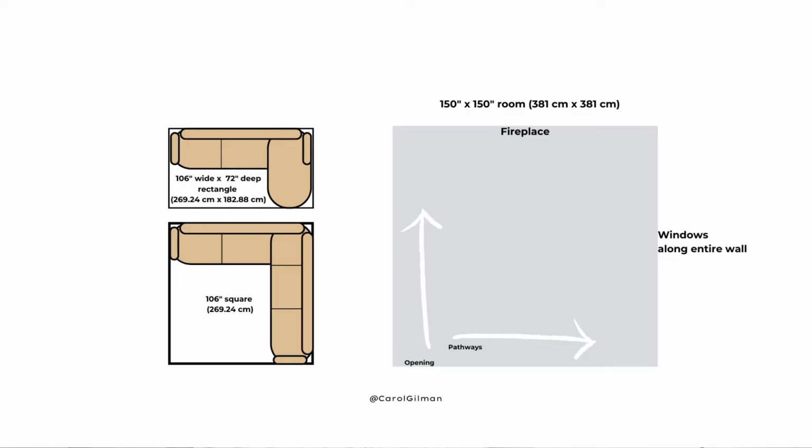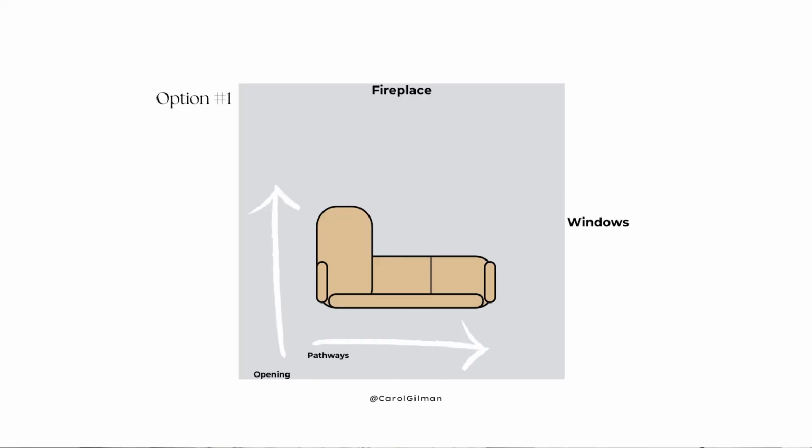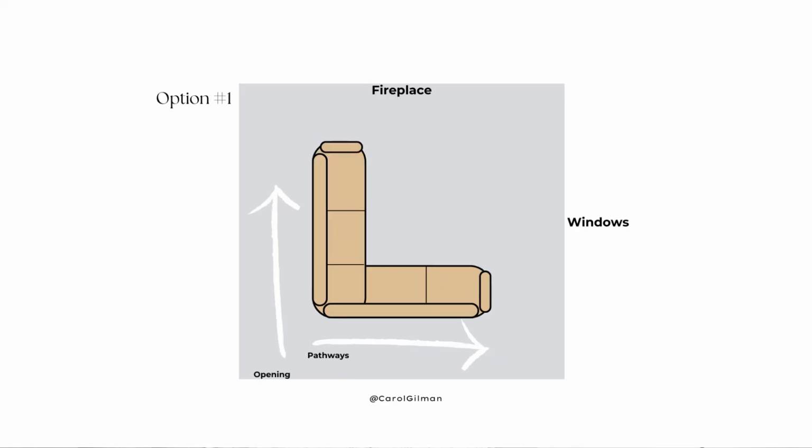So with our sofa chaise, we could place the sofa chaise this way with the chaise on the left side. But we could also place it on the right side, and we would just need to decide which one works better. So what do you think? Share what you think works better. Which option number 1 or option number 2. And then when we want to place our L-shaped sectional in this room, the same thing is going to happen.